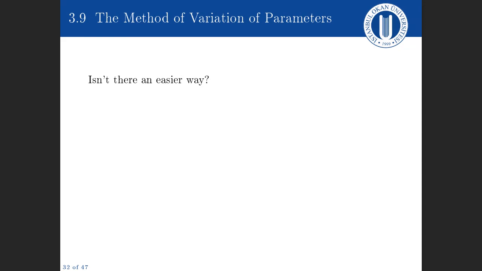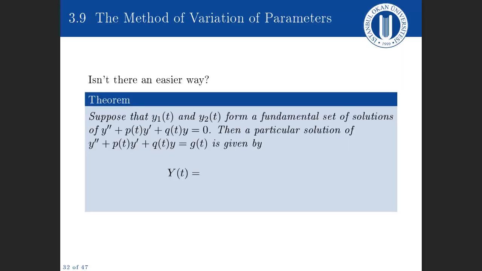Isn't there an easier way? And the answer is yes. Still, we would have to do the same calculations, but there's an easier way to think about this, an easier way to remember this perhaps. Suppose that we know y1 and y2 form a fundamental set of solutions of this homogeneous equation.